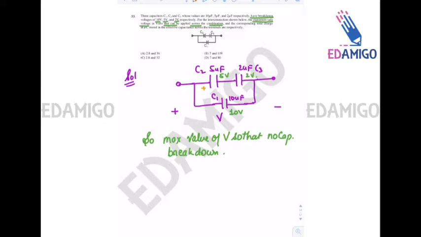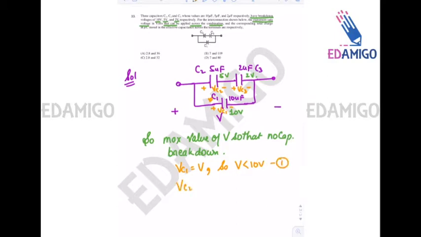Let us say this is VC2, this is VC1, and this is VC3. We can say that VC1 is equal to V. So that the C1 capacitance does not break down, V should be less than 10 volt. This is condition number 1.